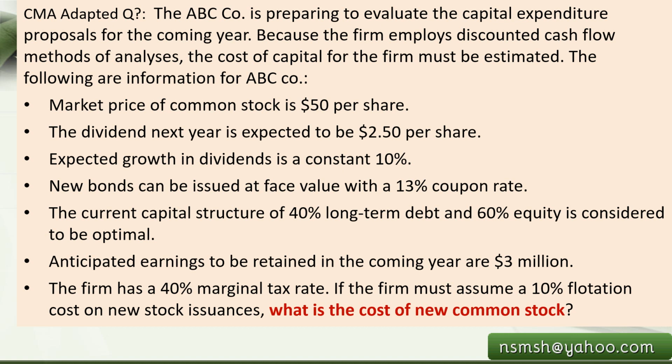New bonds can be issued at face value with a 13% coupon rate. The current capital structure of 40% long-term debt and 60% equity is considered to be optimal. Anticipated earnings to be retained in the coming year are $3 million. The firm has a 40% marginal tax rate. If the firm must assume a 10% flotation cost on new stock issuance, what is the cost of new common stock?